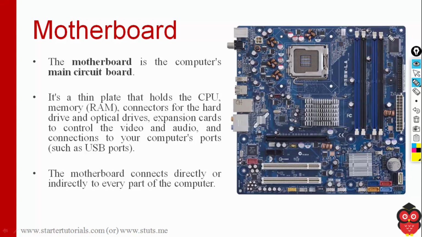So these big slots, into these slots we will insert the memory component called RAM. You can see there are 1, 2, 3, 4 slots, so we can insert 4 RAM if we want.